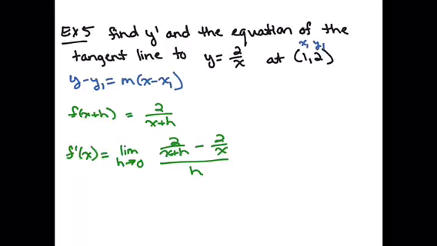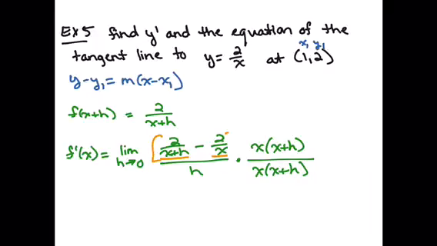We have to manipulate this, and the way we do that with a complex fraction is to multiply the top and the bottom, numerator and denominator, by what would be the common denominator if we were to combine the two inner fractions. So I'm going to multiply top and bottom by x times x plus h. And when I do this, I have to distribute that to both the fractions in the numerator.